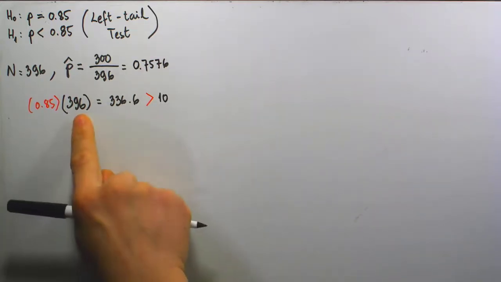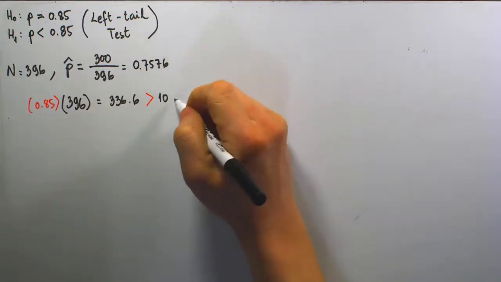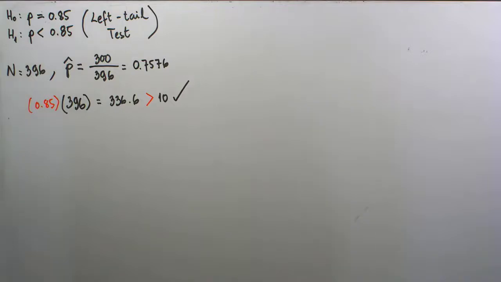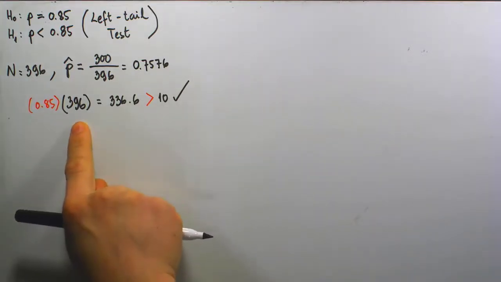So this sample size has already passed one of the two requirements. So we put a check mark there. Now, but we have one more requirement check to find out.